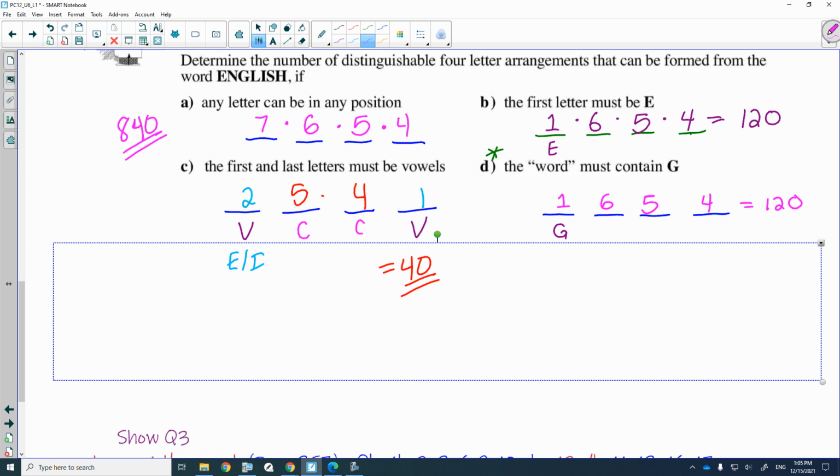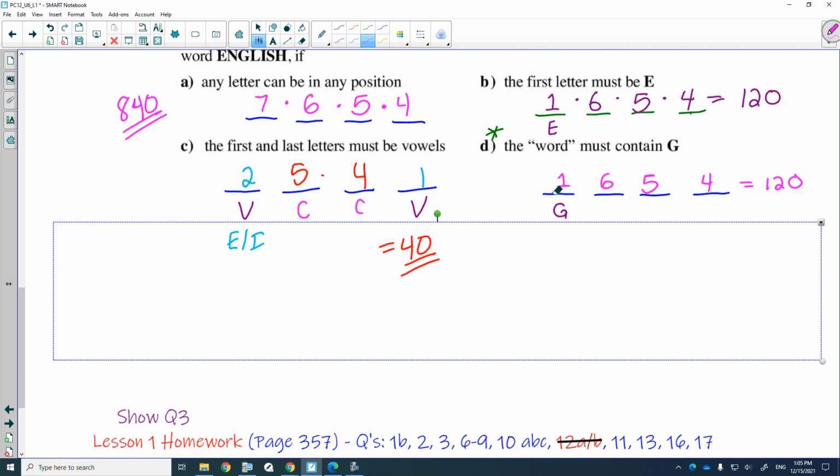Okay, the issue, you wouldn't be done here. And the reason why you wouldn't be done is the difference between D and B is B told you E had to be the first letter, right? This one said it just has to contain a G. It doesn't tell you where the G is. So the G could be here, or the G could be here, or the G could be here.